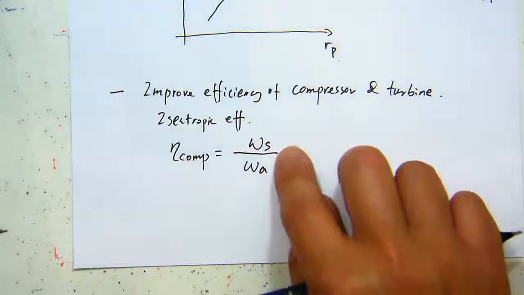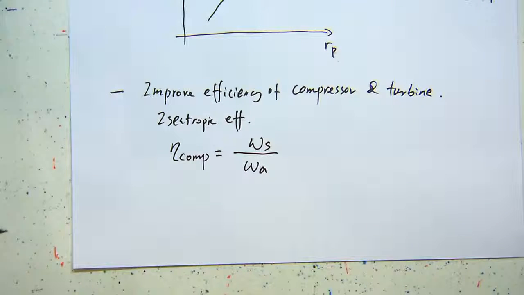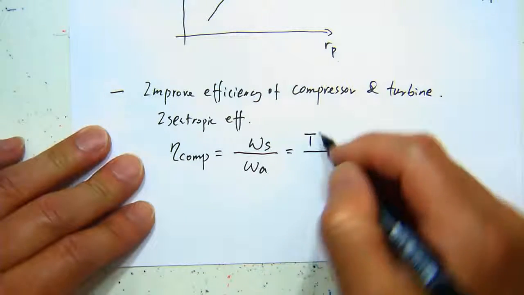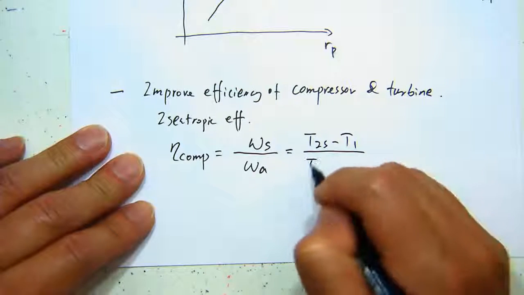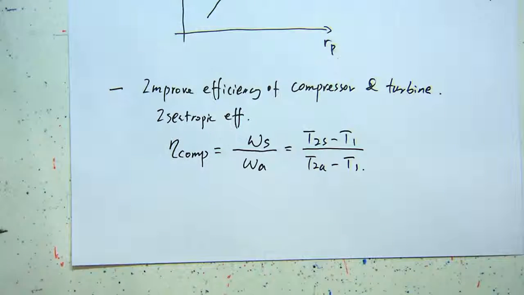So it's saying that you always need to do more work than the isentropic ideal case in order to reach the same pressure ratio. This can be written as (T2S minus T1) over (T2A minus T1).